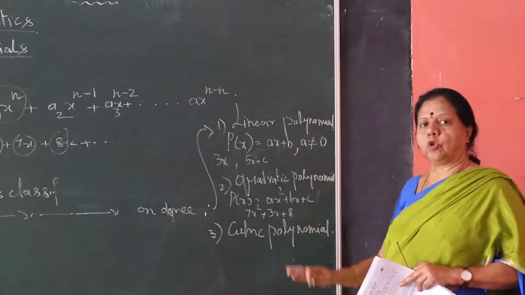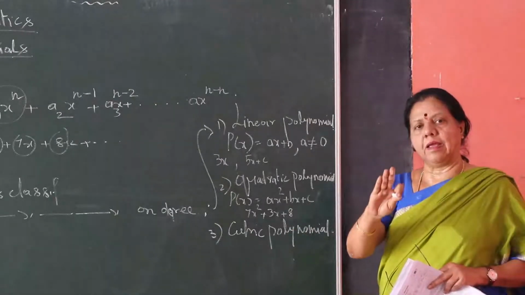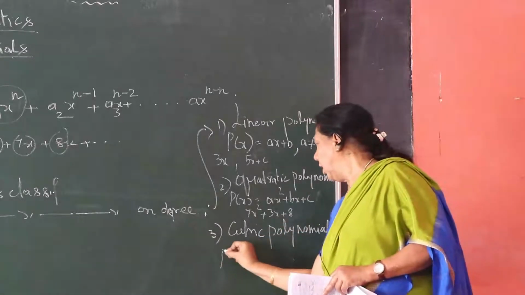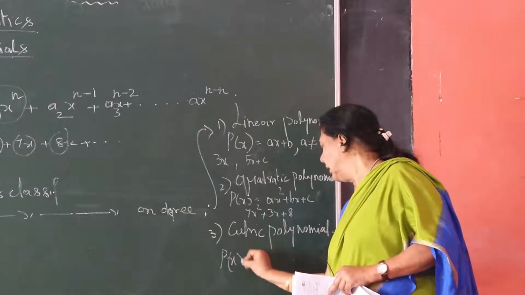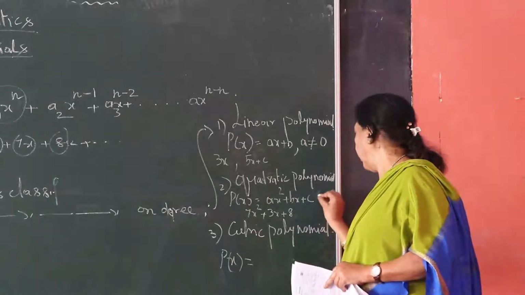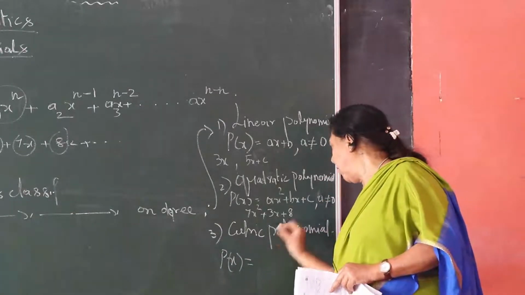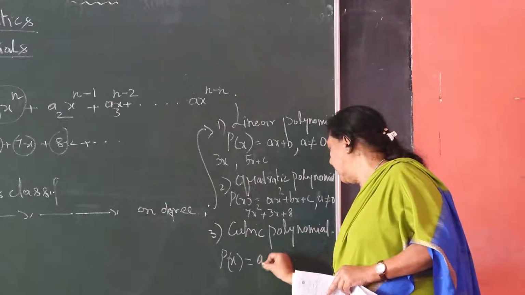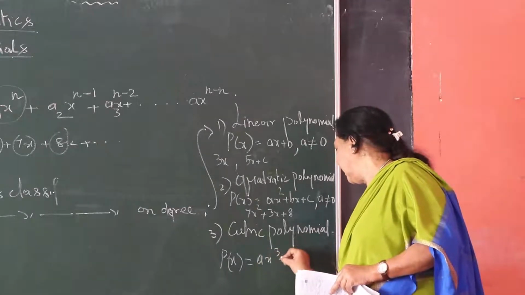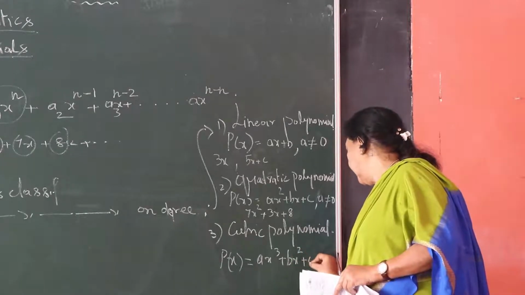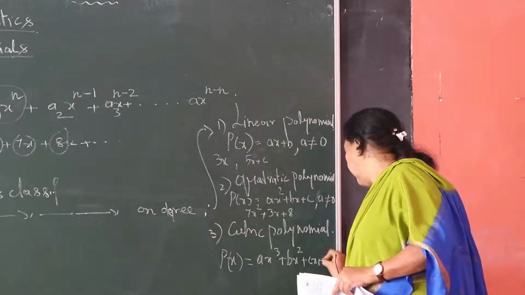So what is the cubic? Degree 3. Here one more. Here p of x, same interpretation. Here also a is not equal to 0. So p of x is ax cube plus bx square plus cx plus d.